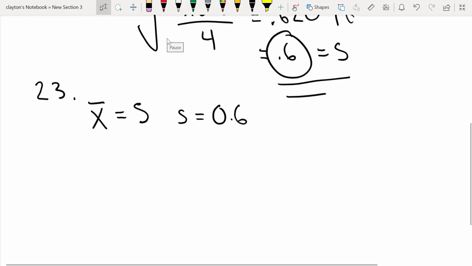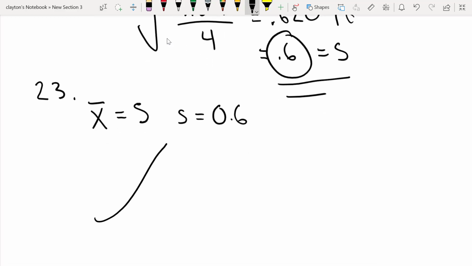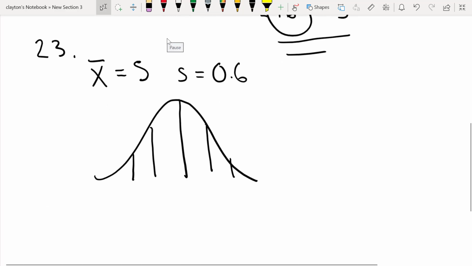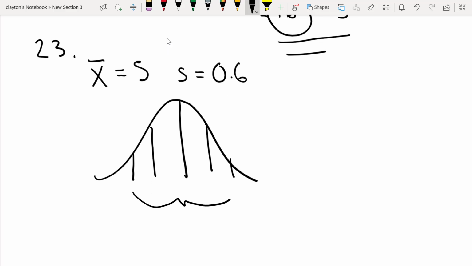Well, the empirical rule tells us that within 2 standard deviations of the mean will contain 95% of our data. Now, two standard deviations in both directions.